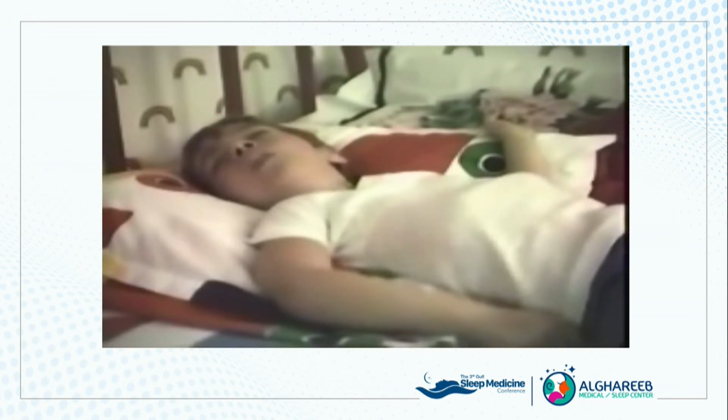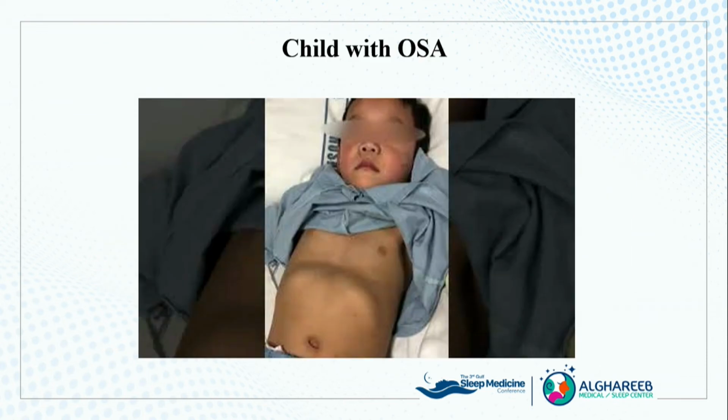Yes, it is paradoxical breathing. He looks like he is breathing from the abdomen, because the cage of the chest is very easily collapsible. So they are different from adults. Adults tend to wake up here. Children have high tolerability. They can stay longer. We can watch the next video.